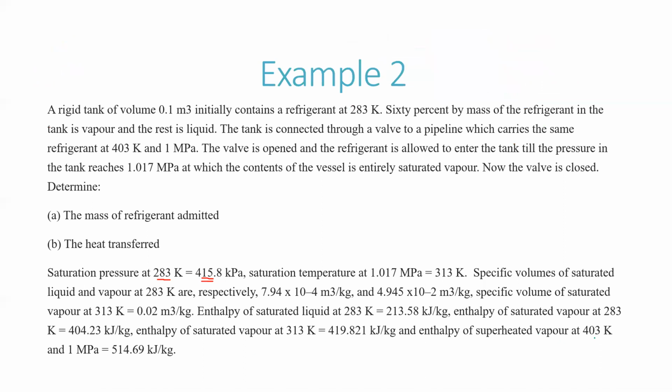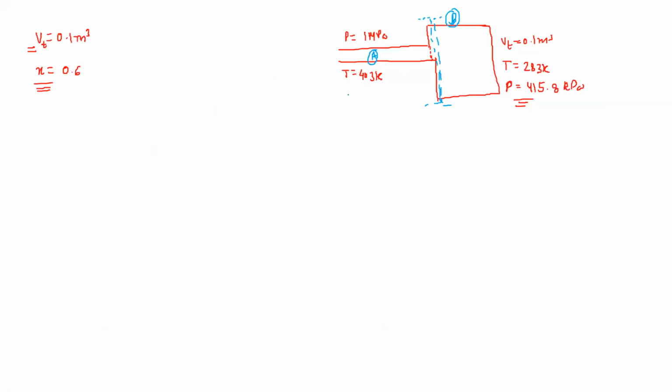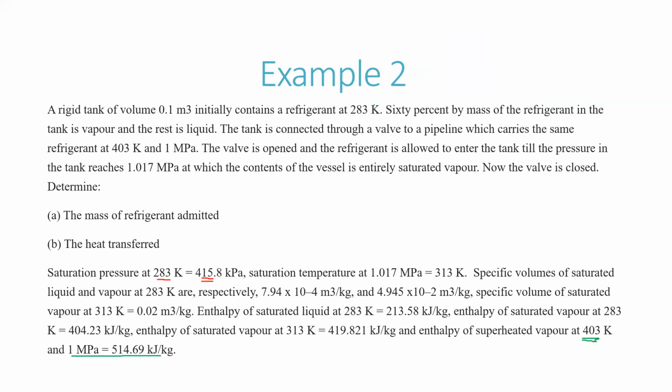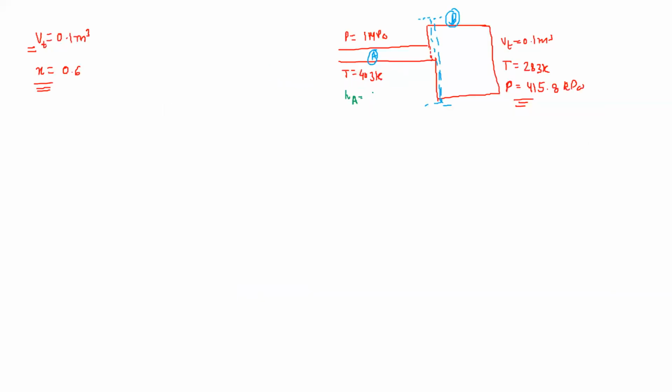So enthalpy at 403 Kelvin and 1 megapascal is 514.69 kilojoule per kg. So specific enthalpy of state of system number A is 514.69.